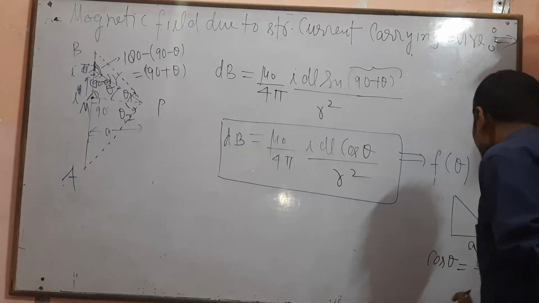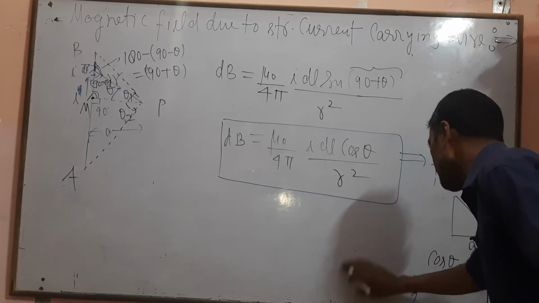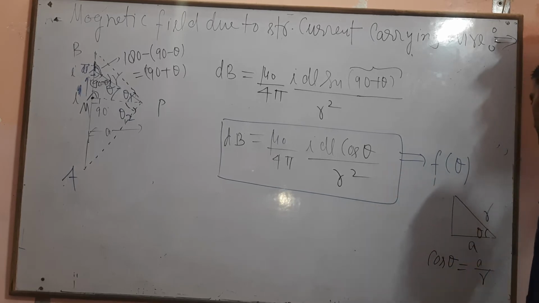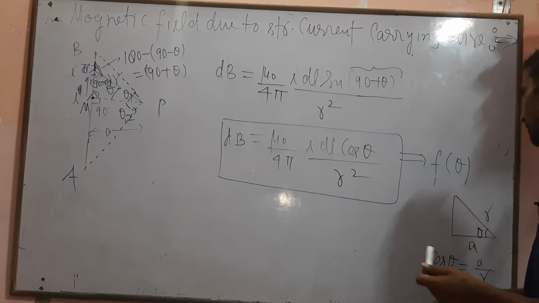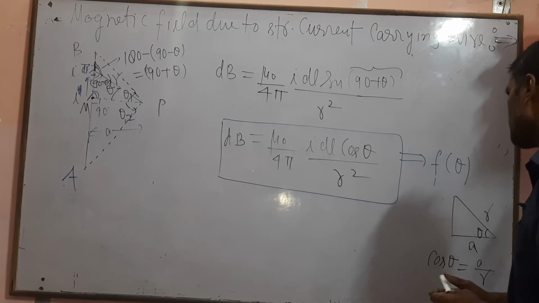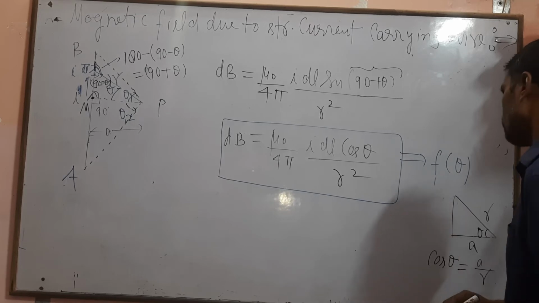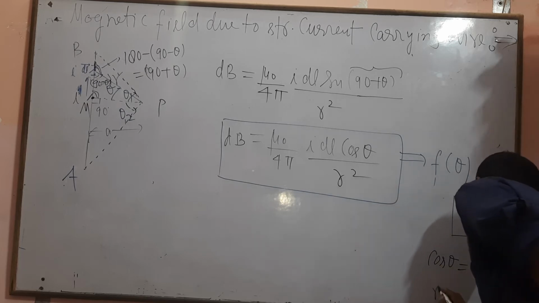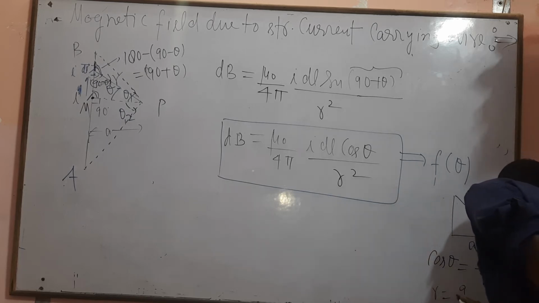We also require tan theta. Look here, cos theta equals A by R, or we can say R equals A by cos theta.